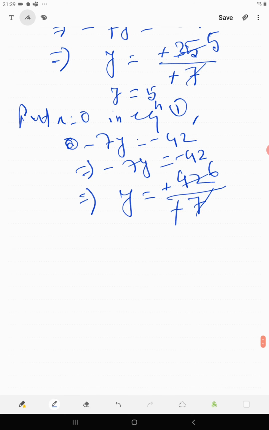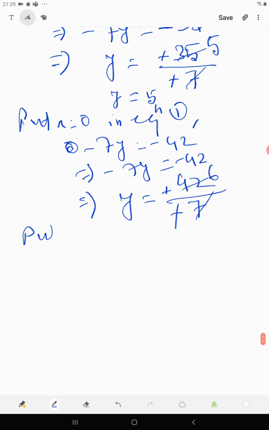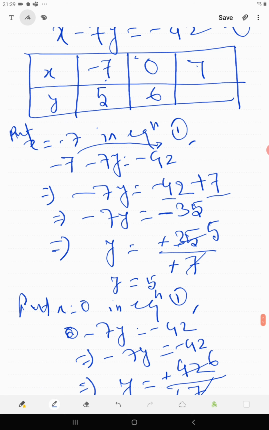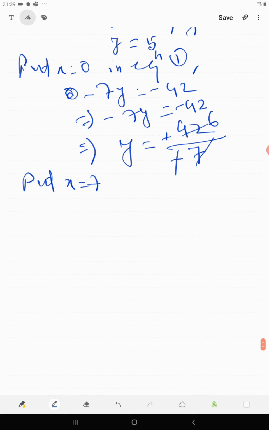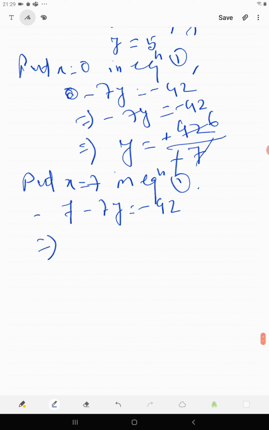Now take x as 7. Put x equals 7 in equation 1. So 7 minus 7y equals minus 42. This 7 I need to take to the right hand side. This 7 is positive over here, so it will become negative on the right hand side.